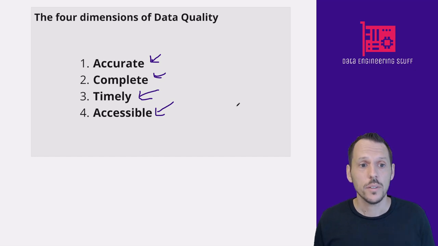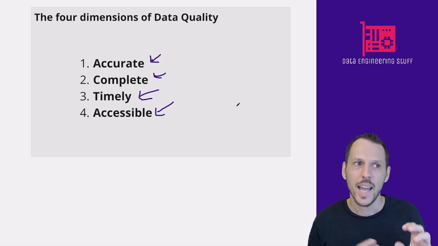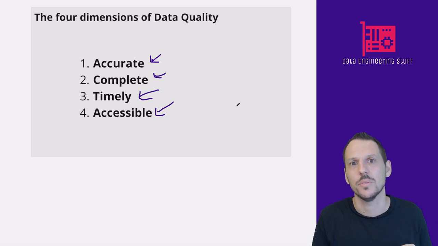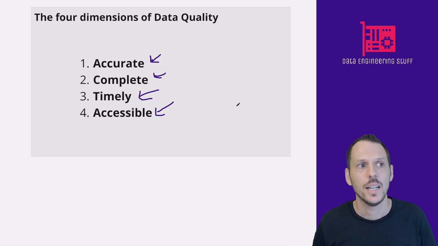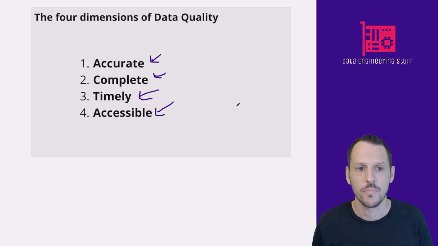So of course, if you have the best accurate, complete and timely data, it's useless without accessibility. But for practical reasons, I see this fourth dimension a bit separate, as it's really part of the whole design of your platform. And the other 3 dimensions are really tied to the data itself. So accessibility is more about the environment of the data, and not so much about the data itself.